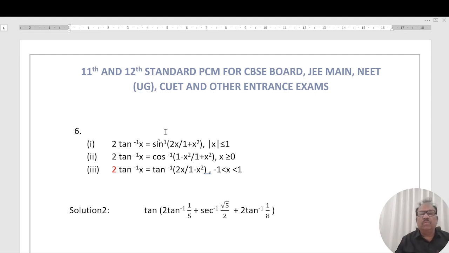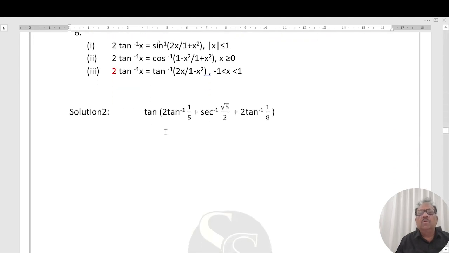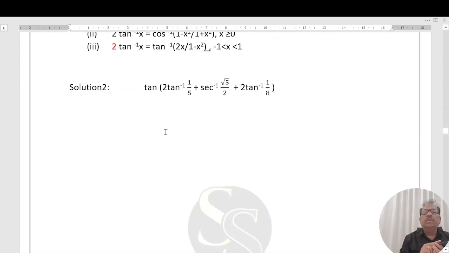In this case, we will use the formula 2 tan inverse x equal to tan inverse of 2x upon 1 minus x square. This is given to you, and you have to find the value. See, this and this we can take common. The answer will come out in terms of tan. This is sec inverse, this is sec inverse, so we have to reduce this into tan.